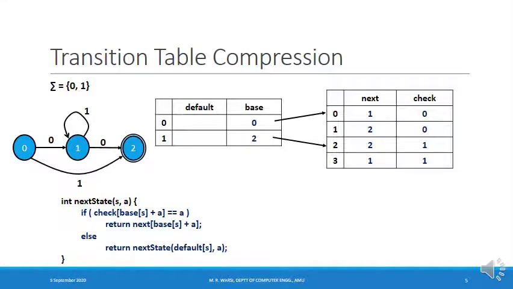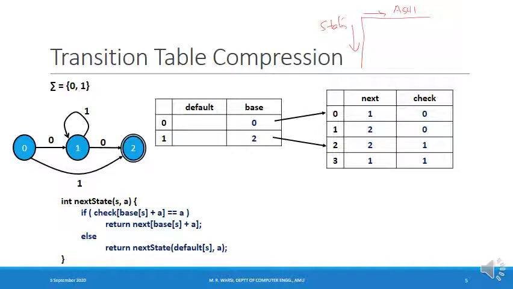Implementation of a lexical analyzer has to store a transition table. The transition table is a two-dimensional table where one dimension is indexed using states and the second dimension is indexed on the basis of the input alphabet, and since we are using ASCII characters as input alphabet, the second dimension is indexed on ASCII characters. The number of ASCII characters is 128, and the typical number of states for a programming language is a few hundred.